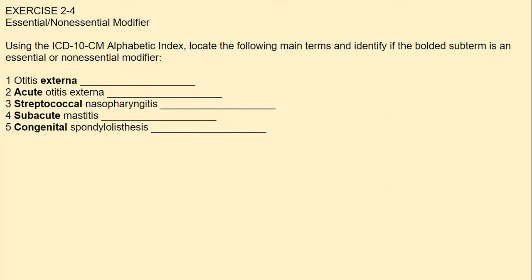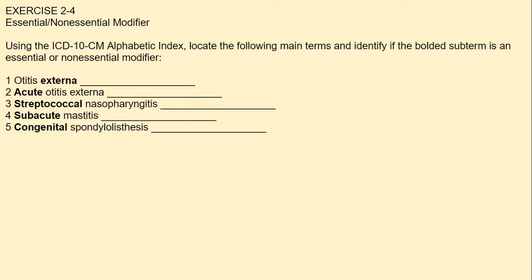I don't have nasopharyngitis in here. Streptococcal says, see also condition as a cause of disease classified elsewhere. Okay, so I did find pharyngitis. So streptococcal is sending you somewhere else, isn't it? Yes. So would that make it essential or non-essential? Non-essential. Okay.